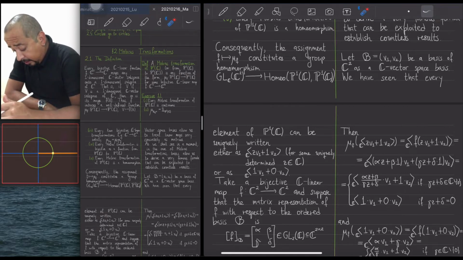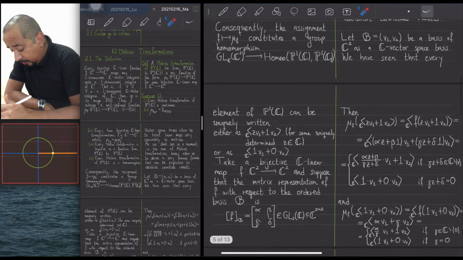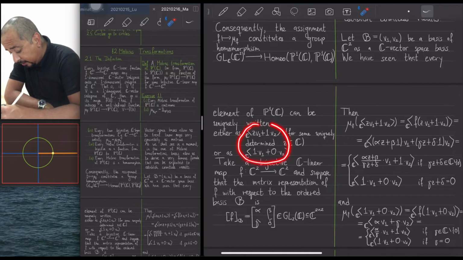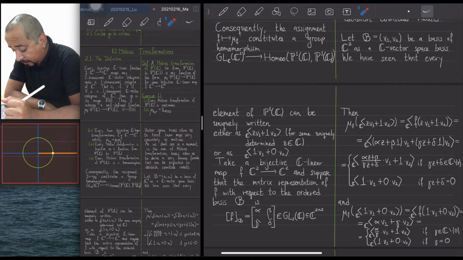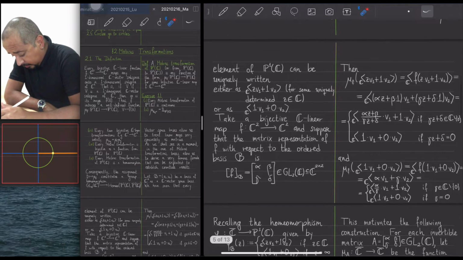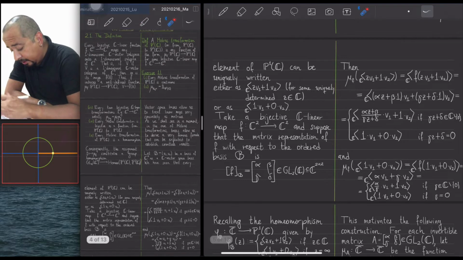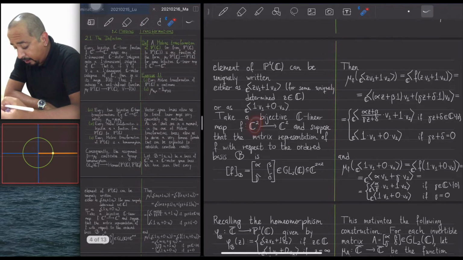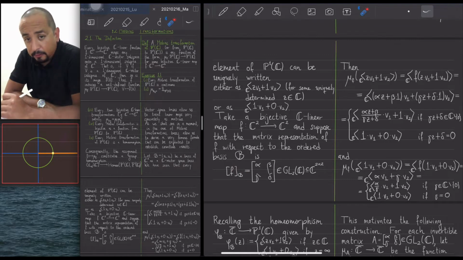We have seen that, and you see, what this says is that if you give me this basis, we can get our hands onto the complex projective line, because we can get our hands onto these complex numbers and the point at infinity. So take a bijective C-linear map from C squared to itself, and let's say that we compute its matrix with respect to the chosen basis, the basis that we picked.